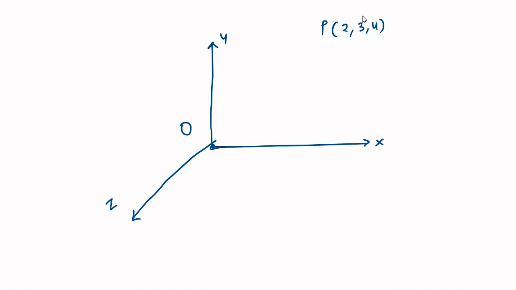It will walk 2 units on the x-axis here, 2. Then it will move 3 units in the direction of the y-axis here, 1, 2, 3. Okay. Then it will move 4 units in parallel to the z axis.